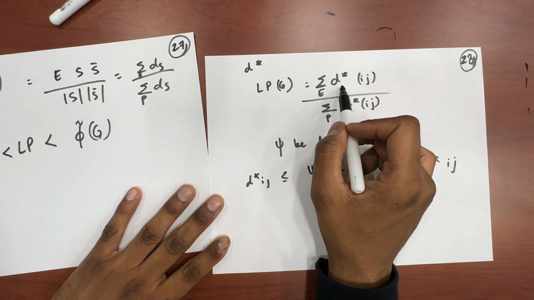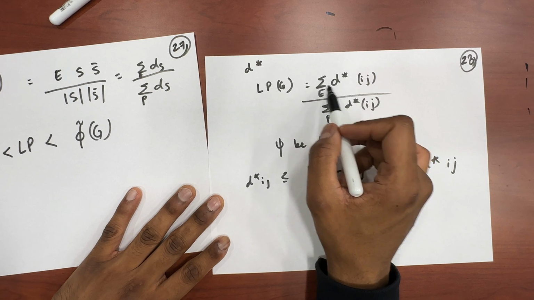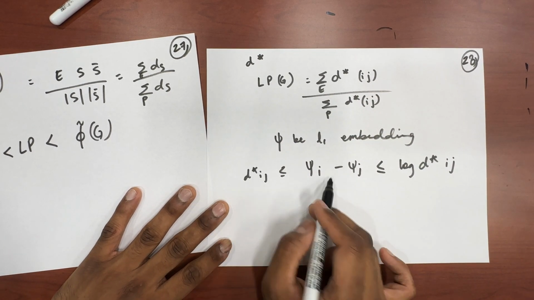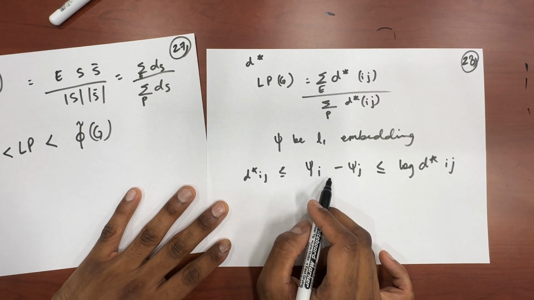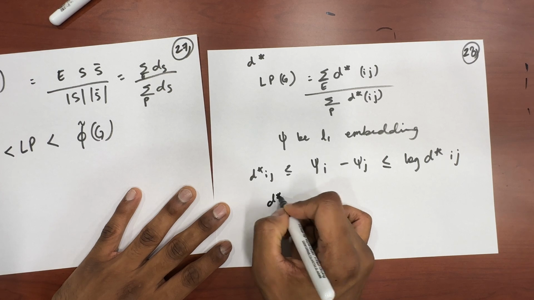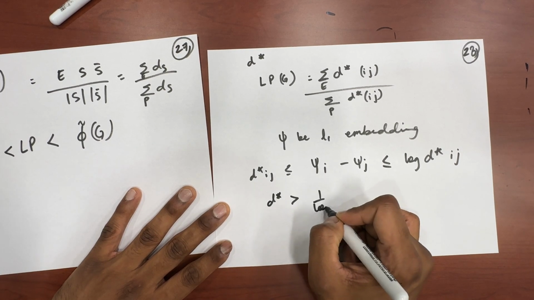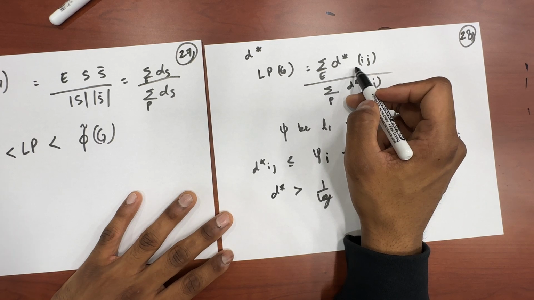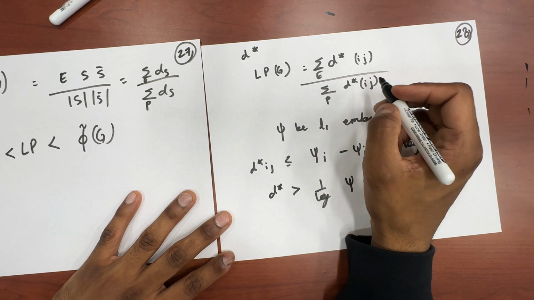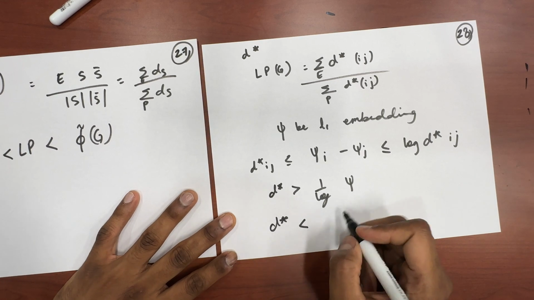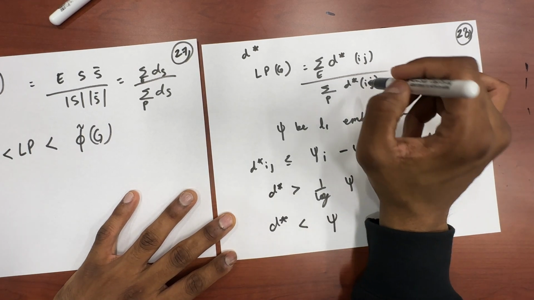That means I want to reduce, so I want to put something less than here. So d star is always greater than 1 over log n times phi, I will put that here. And d star is always less than phi, and I will put that here.